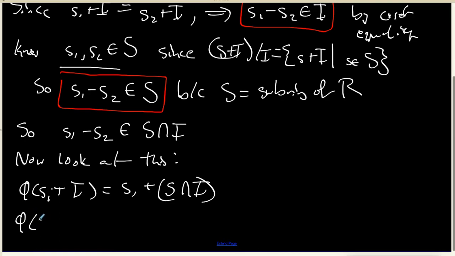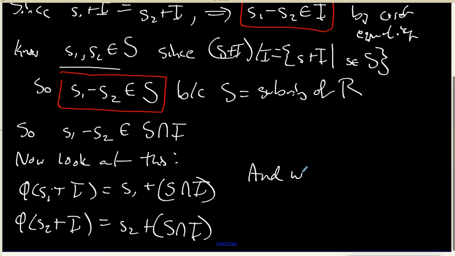And phi of S2 plus I is nothing more than S2 plus S intersect I. And I also want to note that we already know S1 minus S2 lives inside S intersect I.